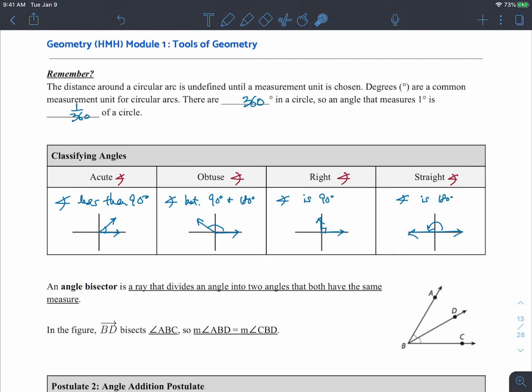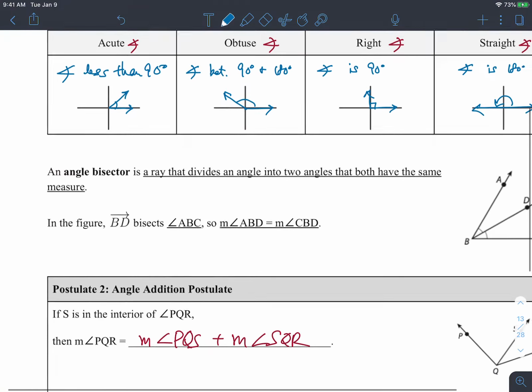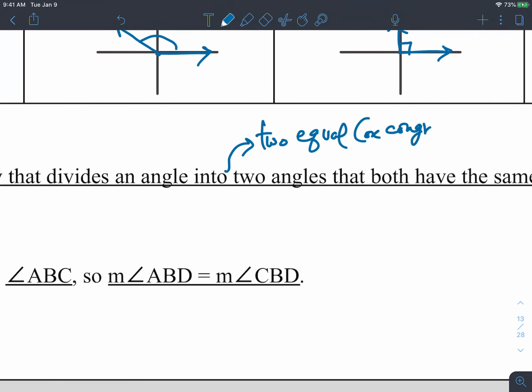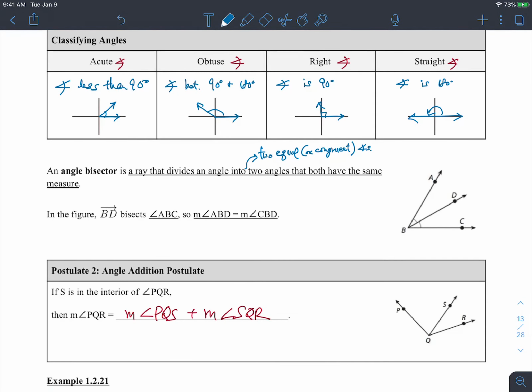A shorter definition is a ray that divides an angle into two equal, or if you want to use the fancy word we're going to be using quite often from now on, congruent angles. So you could have ended it that way.